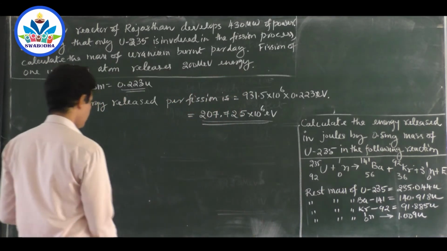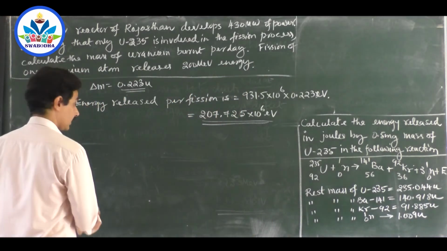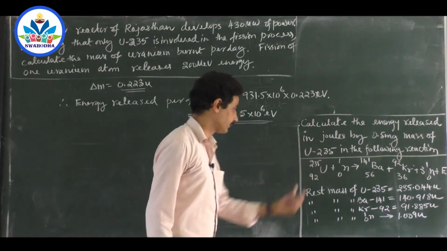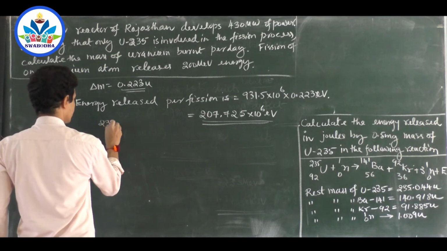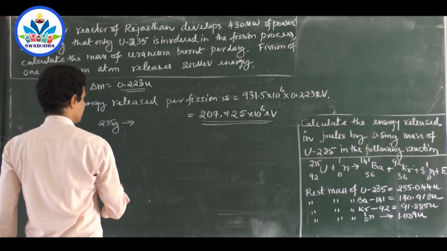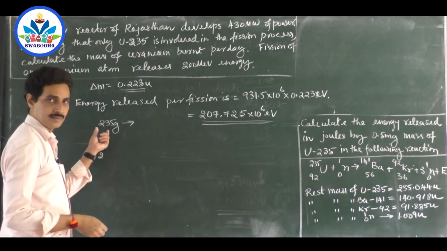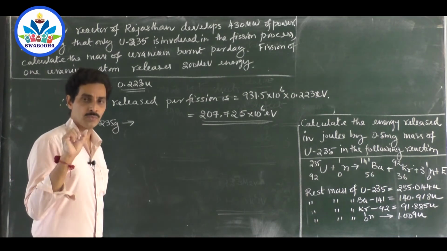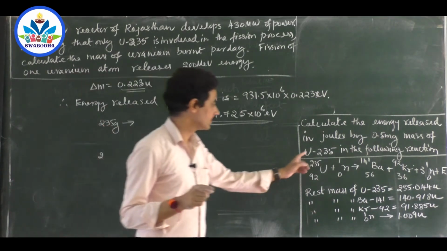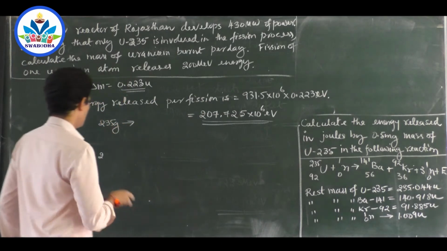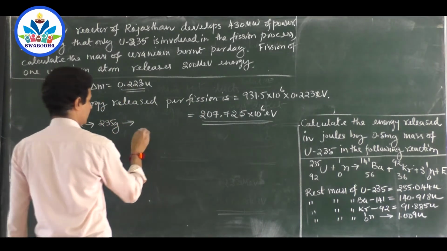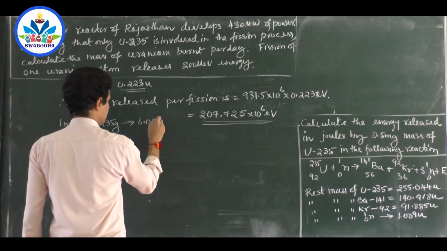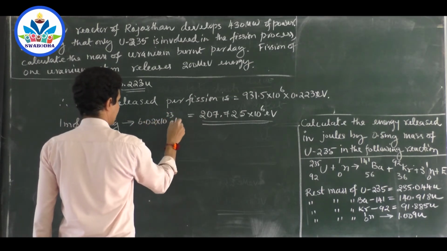Now 6.02, how much is the mass number? 235 gram of uranium is 1 mole. If you take 1 mole of uranium, it is 235 gram, and it contains 6.02 into 10 to the power 23 atoms.